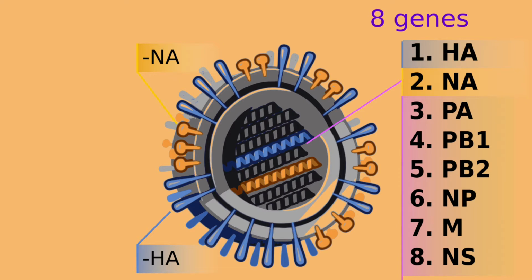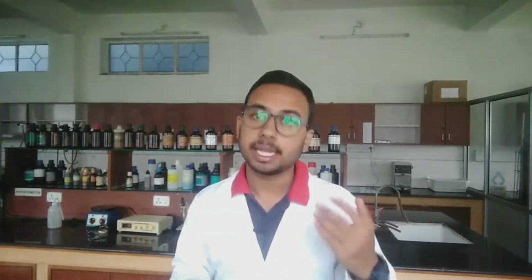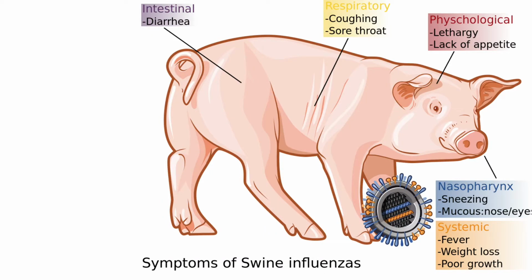This is like the case of AIDS, which first occurred in chimpanzees or gorillas, but now occurs in humans because of genetic changes in that virus. The same case is here in swine flu: it affected pigs, but now it is affecting humans because of genetic changes.